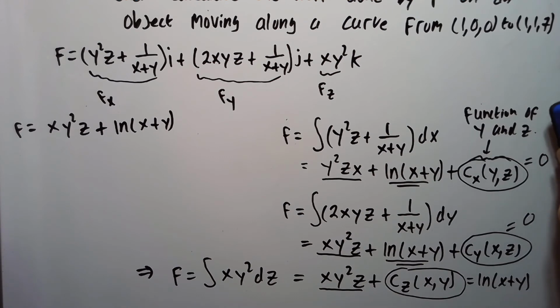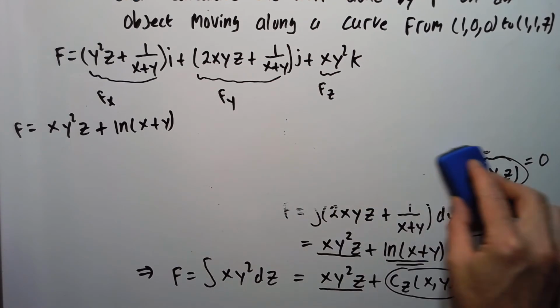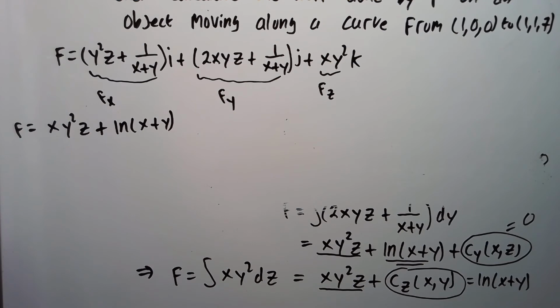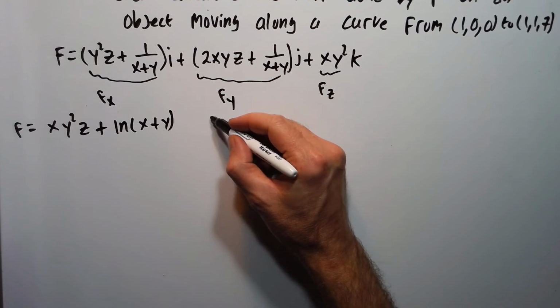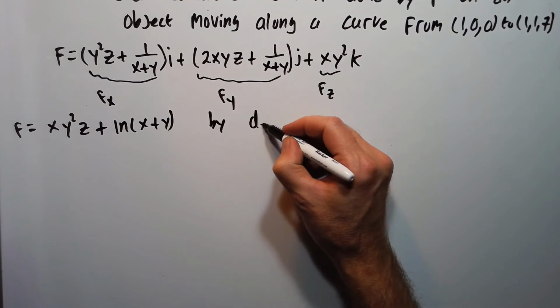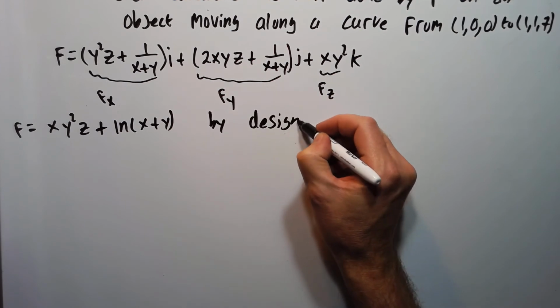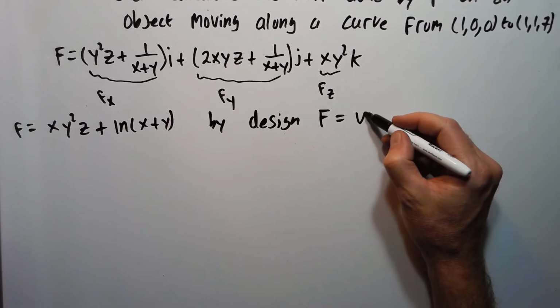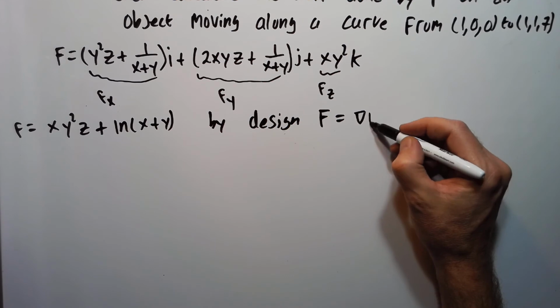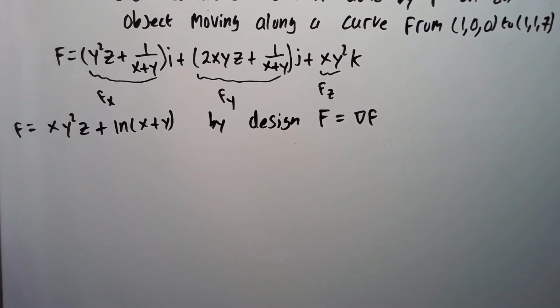So let's erase this. So by design, we'll have that big F, you can check, will be just the gradient of small f, where small f is this.